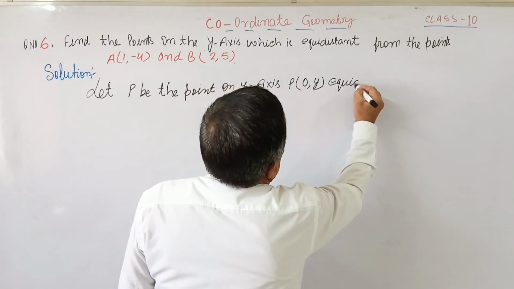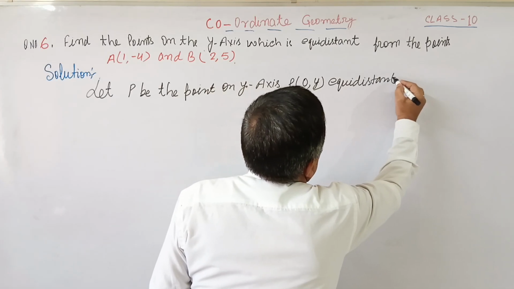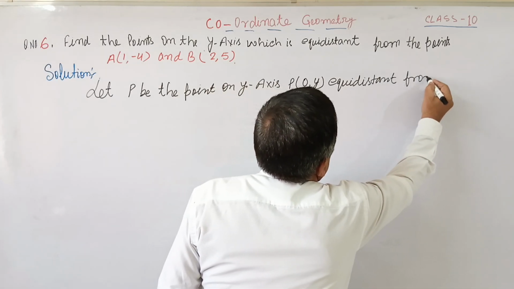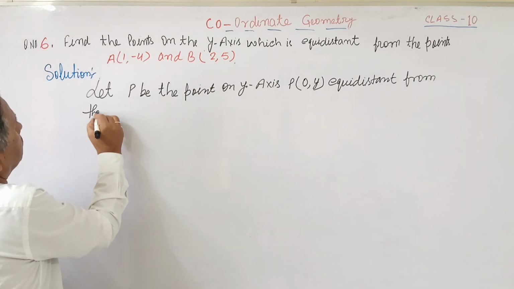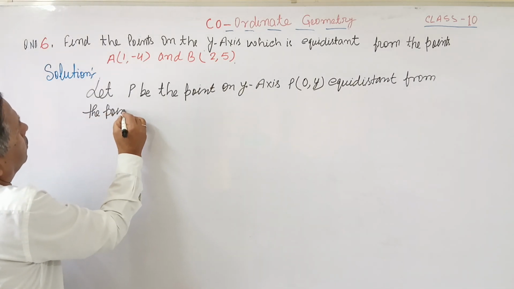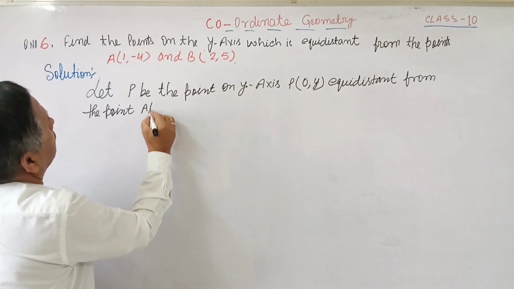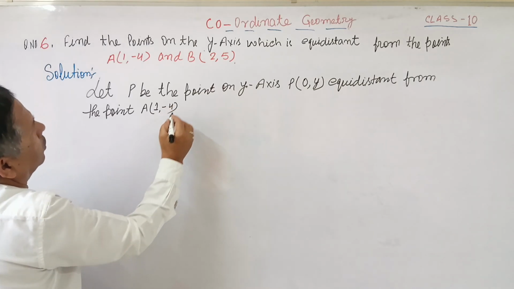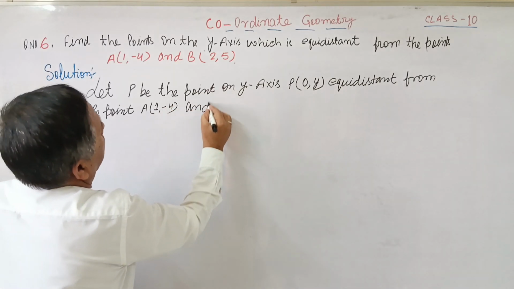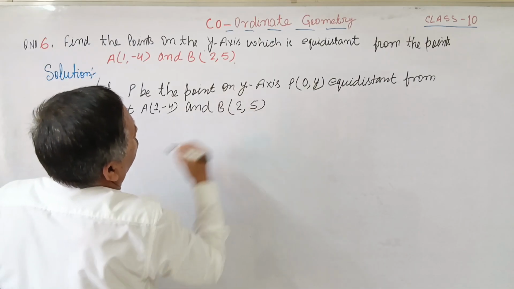equidistant from the point A 1, minus 4 and B 2, 5.